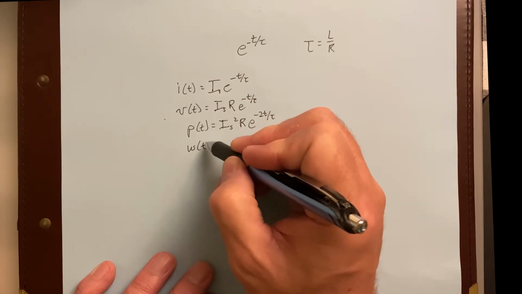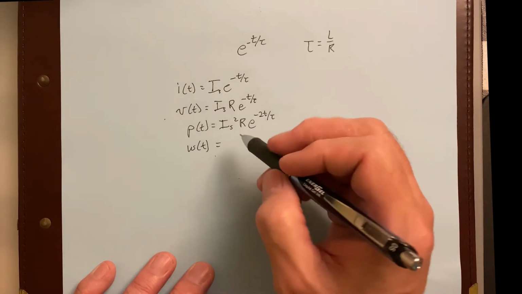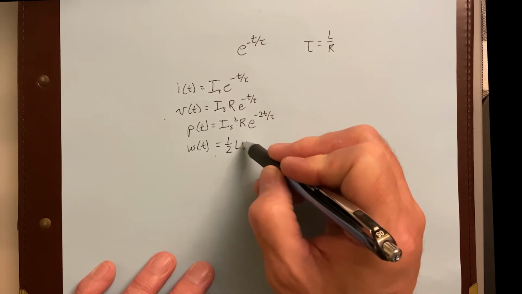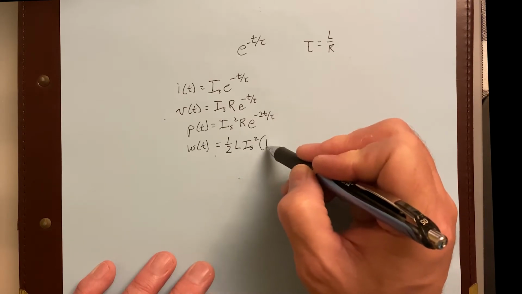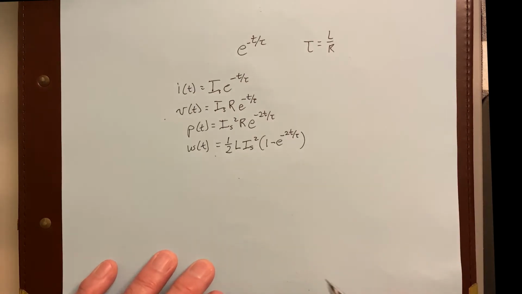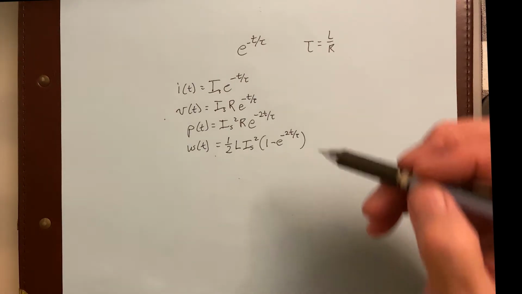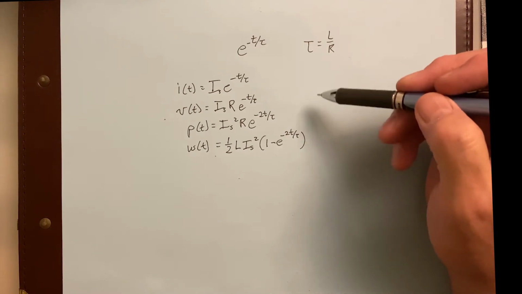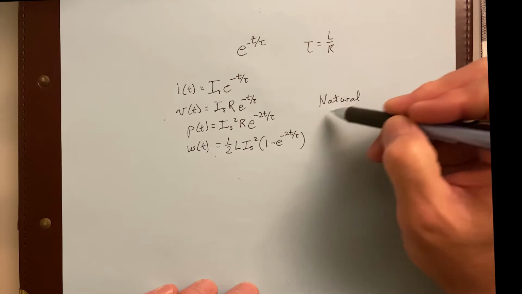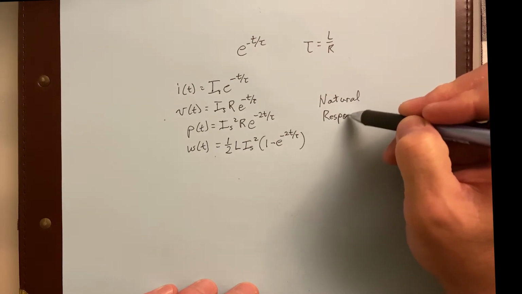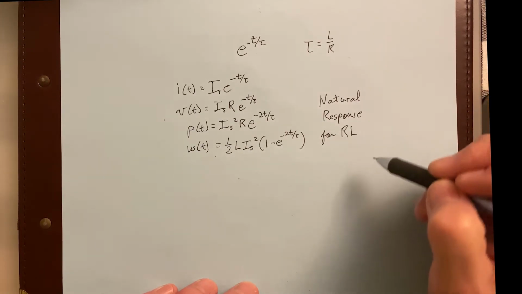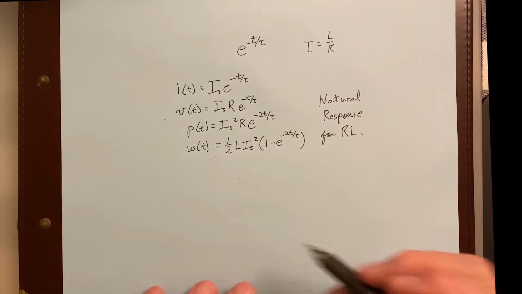And the energy that's being supplied or dissipated away, either one, is 1/2 L I sub s squared times 1 minus e to the negative 2t over tau, like that. Okay? So this set of equations represents the natural response for an RL circuit. Okay?